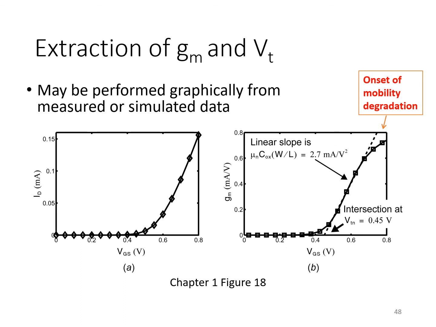So in order to estimate the transistor small signal transconductance and threshold voltage, you can just do a simple simulation where you bias the transistor with a relatively high drain source voltage so that it doesn't enter triode, and just sweep VGS.